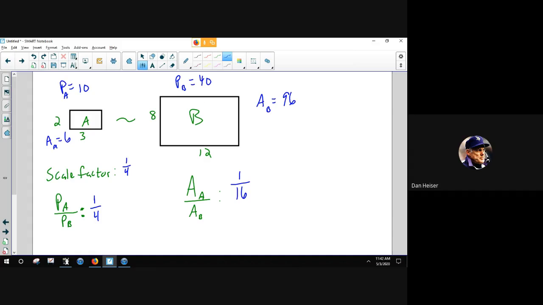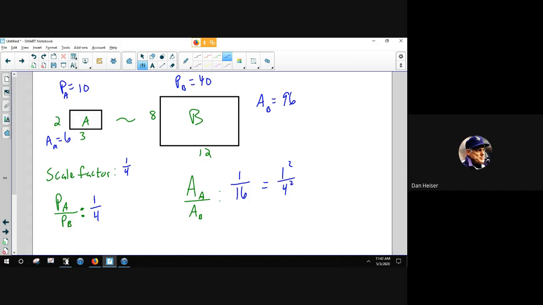Now, take a look at our scale factor and take a look at the area ratio. There is a relationship between 1/4 and 1/16. It's that scale factor squared.